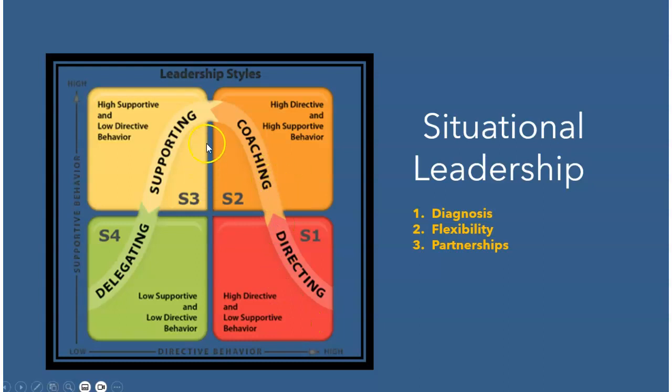Then the S2 quadrant. Now we have people who are gaining competence. But many times in a new role, we drink from that fire hose, right? We learn so much at once that we become overwhelmed and that fire goes out a little bit. So in an S2 phase, we need to be both highly directive and highly supportive.